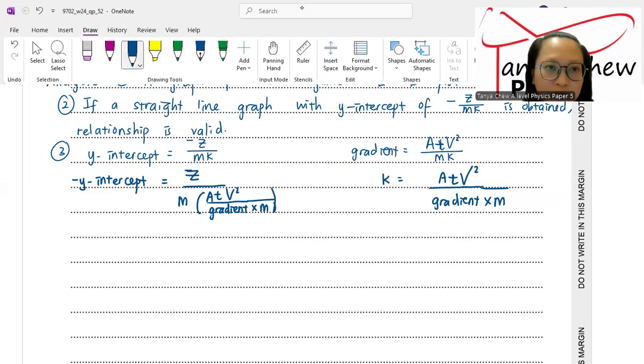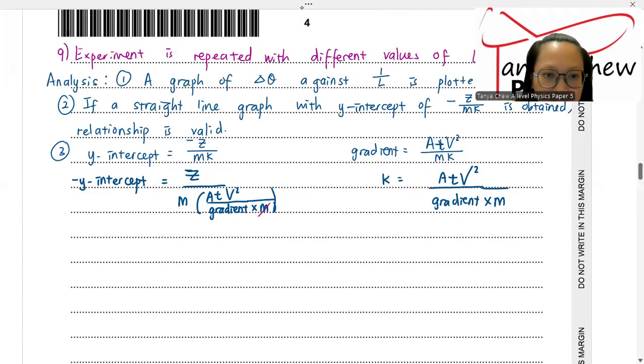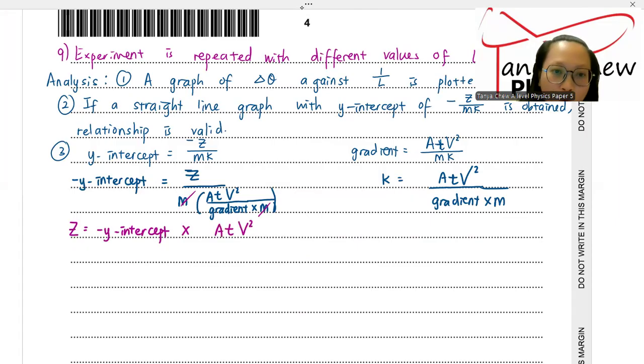Now I use different colors so that you can see it clearer. M and M can be cancelled. That is why your Z right here is equal to negative y-intercept multiplies by ATV square over gradient. Ta-da! We get the value. We have already answered the question, right?